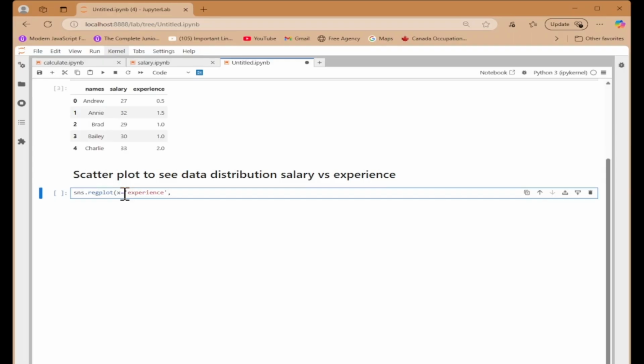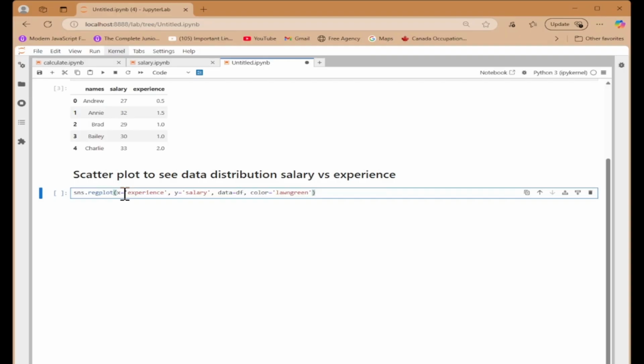We'll put experience on the x-axis, x equals experience, and y equals salary, and data equals df, and color equals lawngreen. Let's put lawngreen, just trying to see if it comes green or not.